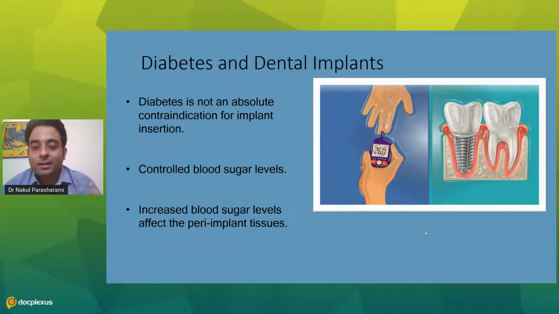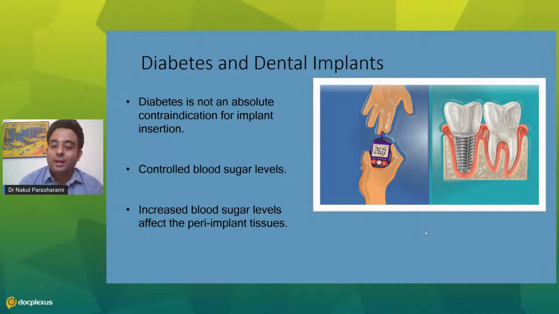Once the implant gets osseointegrated, increased blood sugar levels may affect the peri-implant tissue, similar to periodontal tissues, as we have seen in uncontrolled diabetic patients.